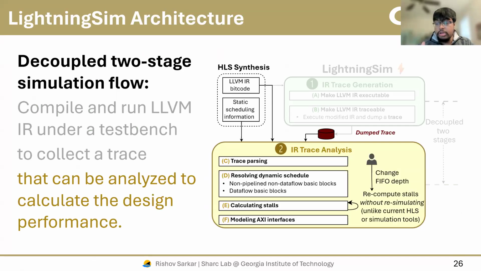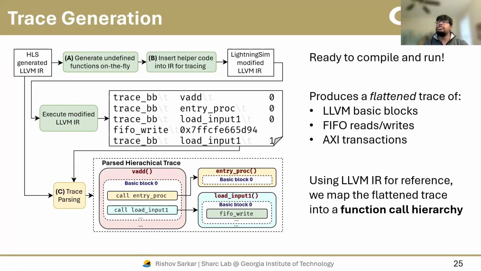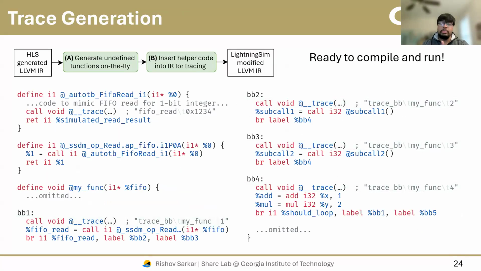There's a question asking, have there been times where the mimic LLVM functions are not accurate? The implementation of them is usually pretty straightforward. Like I said, for a FIFO read, there's only really one thing it can do, so it's usually always accurate.